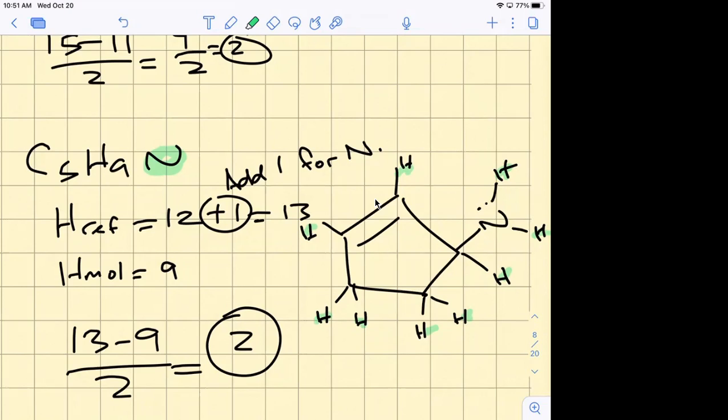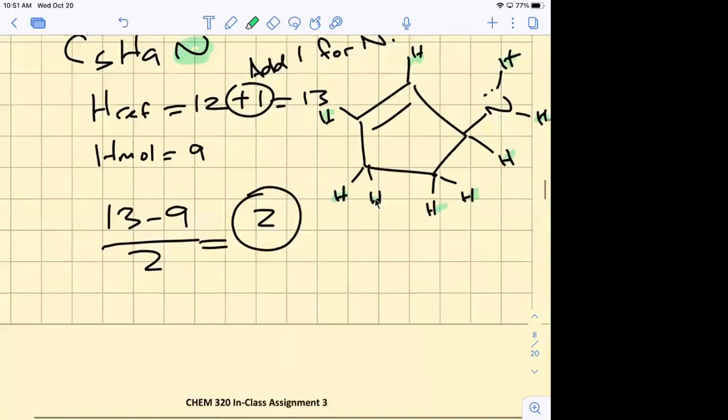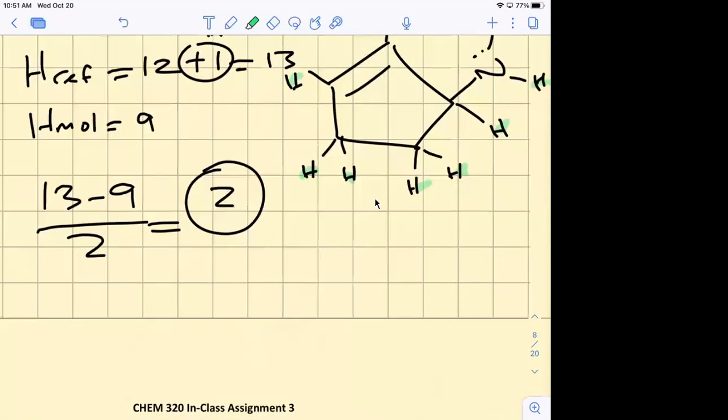I could also think about doing something similar to that, and then we're gonna stop here. So I'll make another 5-member ring, but I'll put a double bond to nitrogen, and then put a hydrogen here, and then that'll be 2, 4, 6.